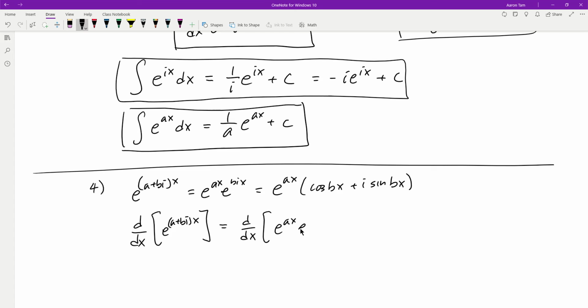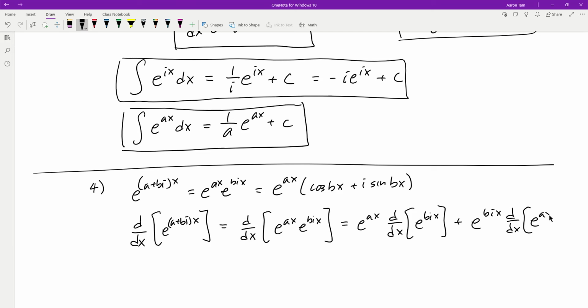I'll just say e to the bix. And what I'm going to do is take the derivative of both of these things together. Since it's a product, I'm going to have to use the product rule. So the product rule will dictate that it will be e to the ax d over dx of e to the bix plus e to the bix d over dx of e to the ax.